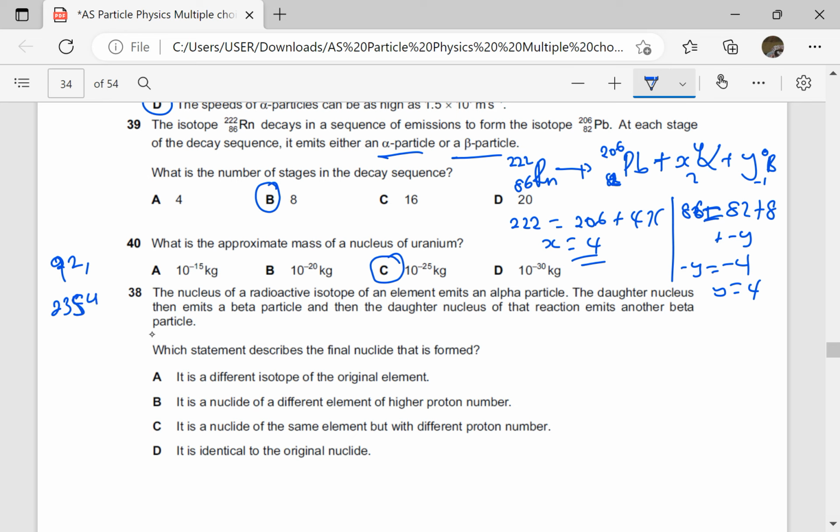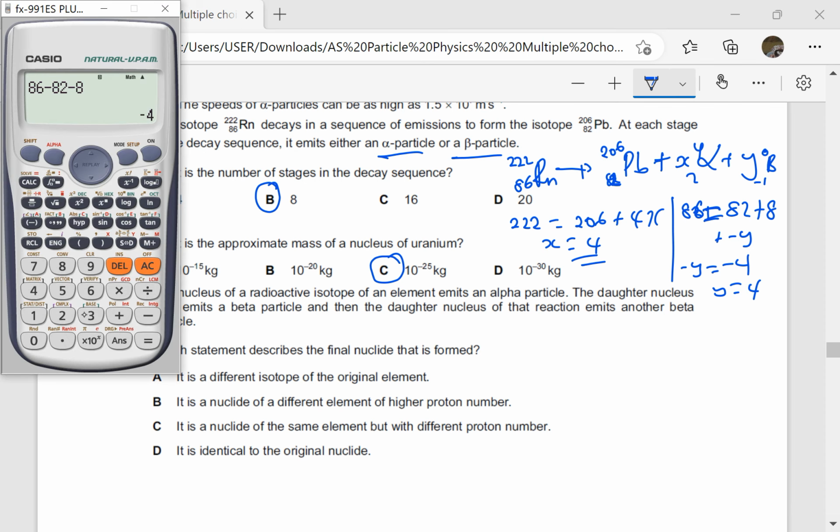Or you can just look at it as uranium 235. 235 times 1.66 times 10 to the power negative 27. You can check 235, or 236, or 238, times 1.66 times 10 to the power negative 27, that is 1 u, which is 3.9 times 10 to the power negative 25.